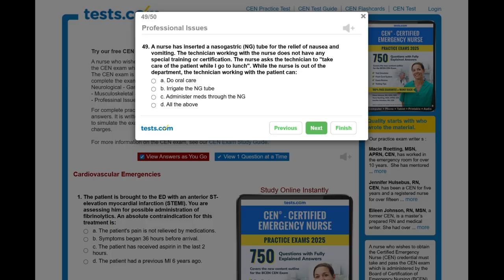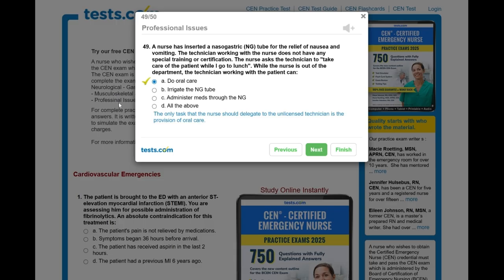While the nurse is out of the department, the technician working with the patient can A. Do oral care. B. Irrigate the NG tube. C. Administer meds through the NG. D. All of the above. A. Do oral care. The only task that the nurse should delegate to the unlicensed technician is the provision of oral care.